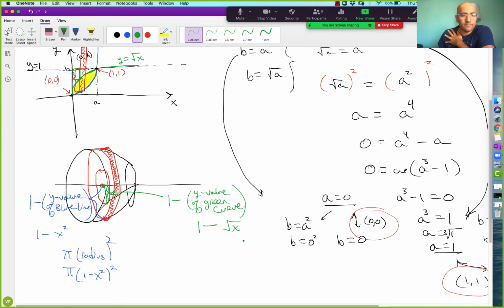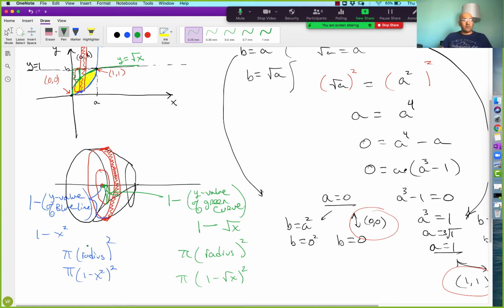Good? Okay, so then the volume of that empty coin in the center is going to be pi times radius squared. So it's going to be pi times (1 minus root x) squared. Good? Okay, so this is the volume of the empty hole in the center.